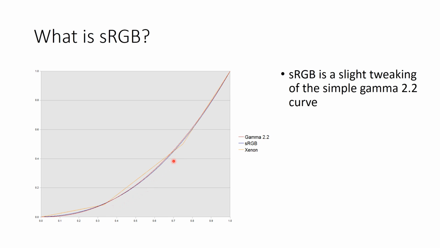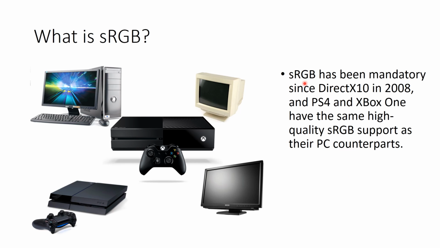But for example, if you see two images that are corrected using sRGB in one case and gamma 2.2 in the other, you will note some difference. sRGB in the case of DirectX was first used in DirectX 10 in 2008.